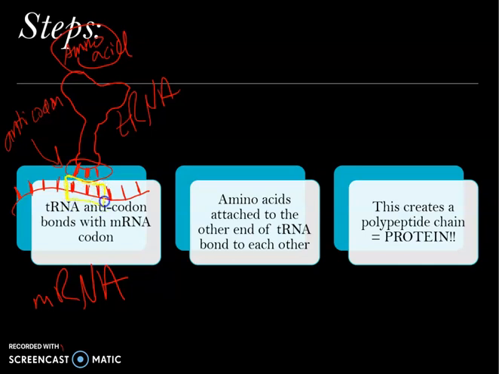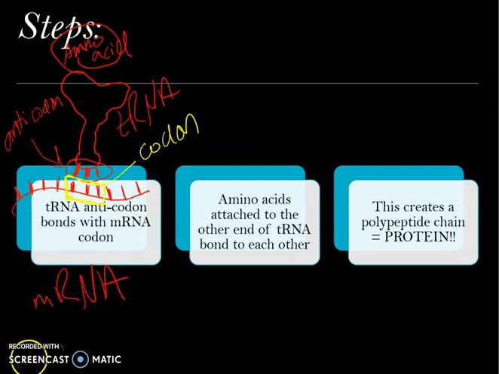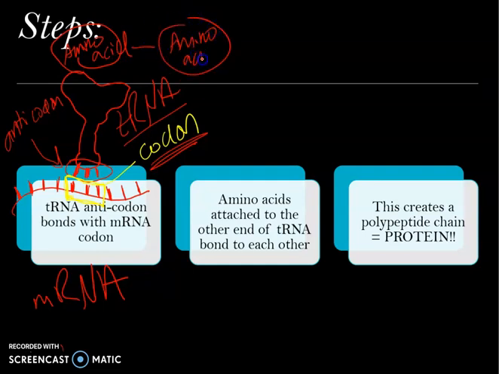This is my codon here. That's my codon. And depending on those letters will tell me what amino acid I have. So my tRNA up here binds with my mRNA strand, my anticodon matches up with a codon. Then my amino acids up here will attach.